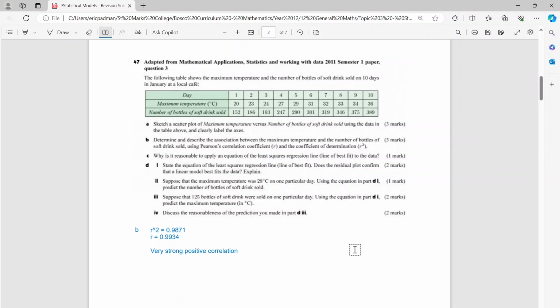What's the reason we would apply an equation of the least squares regression line to fit the data?